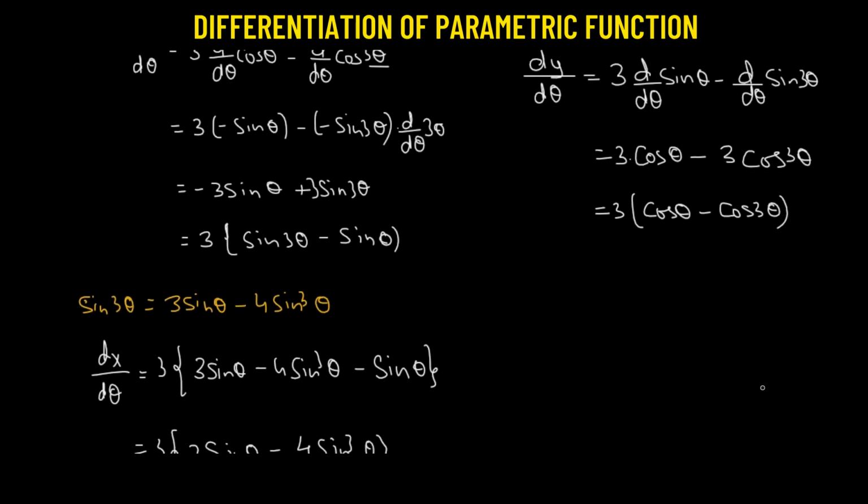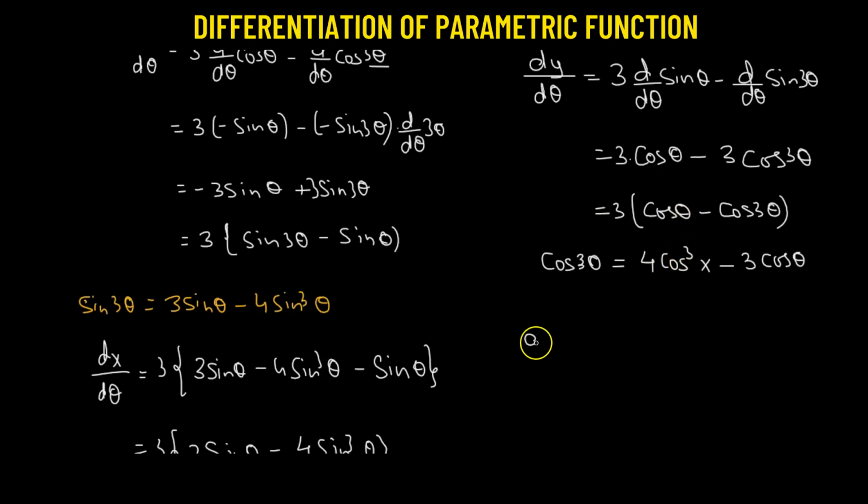So we can use the expansion of cosine 3 theta. Cosine 3 theta is given by 4 times cosine cubed theta minus 3 times cosine theta. So we'll substitute this value.